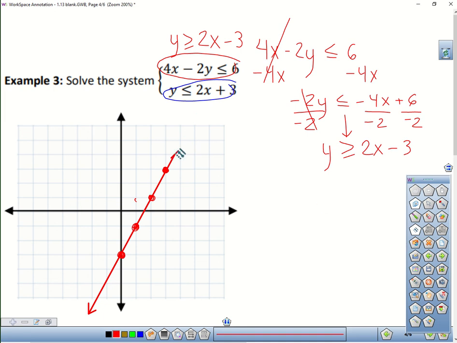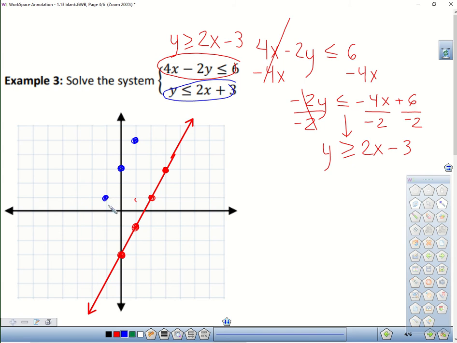So that's what the red one is going to look like. And now we'll try the blue. For the blue one, my y-intercept is 3, and I'm going up 2 units and over 1.